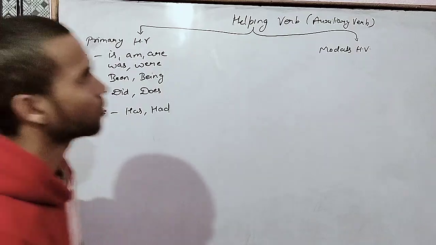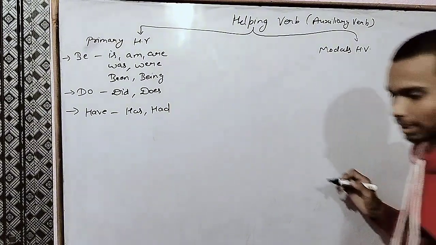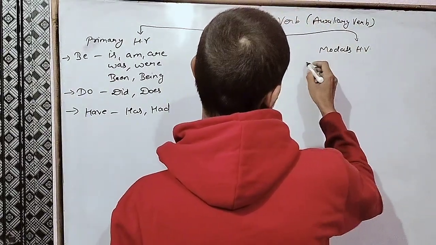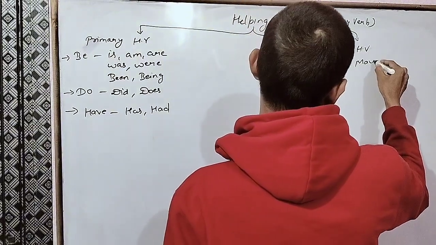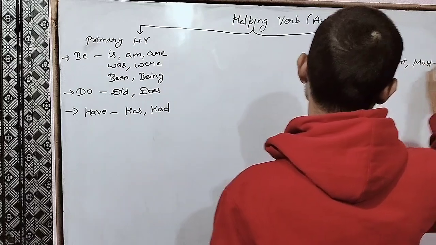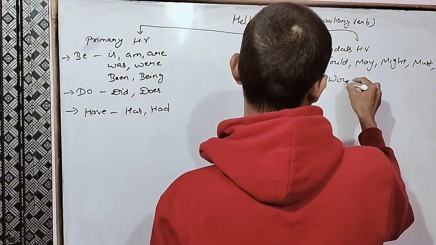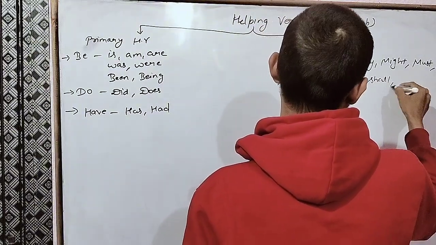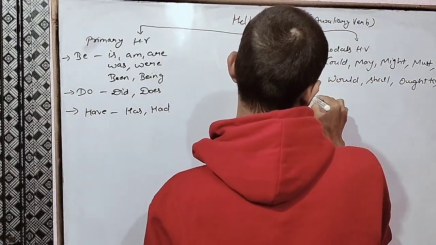Now, in the case of a modal helping verb, what do you understand by modal helping verb? It has can, could, may, might, must, should, would, shall, ought to, used to.